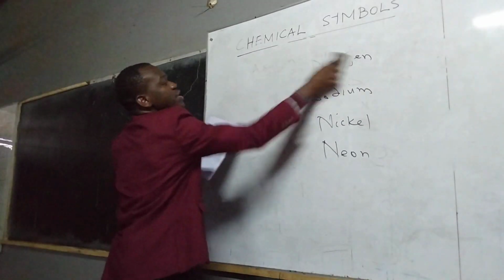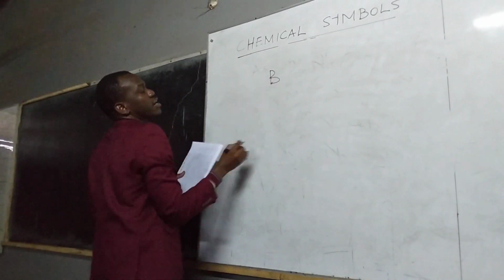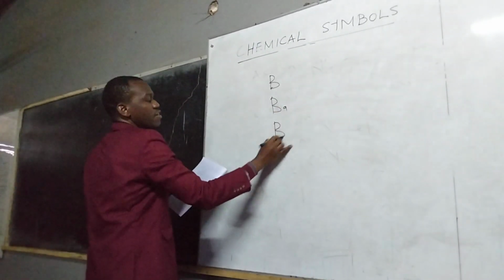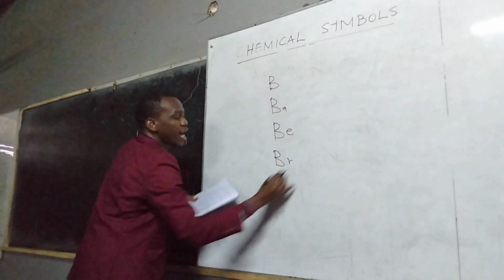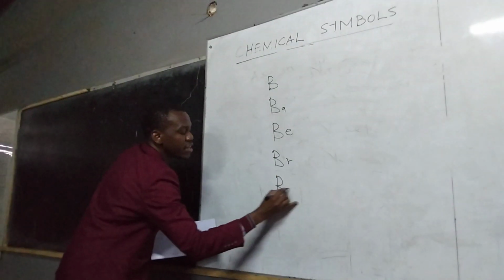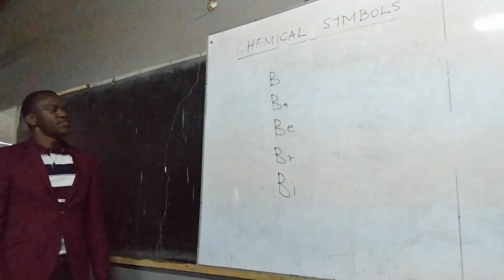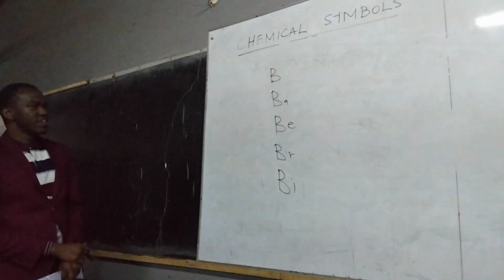Those ones that start with B. Let me give you some. We have B, and then we have another one, Ba, then Be, then Br, then Bi. What do you think is the answer? All of them start with the same letter.